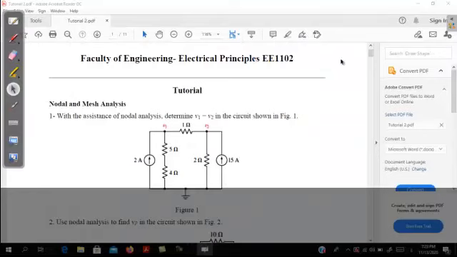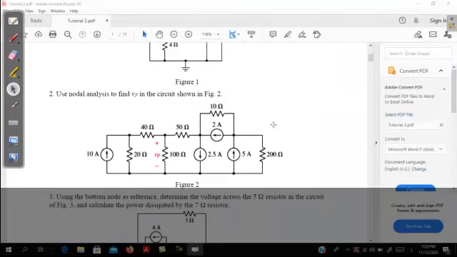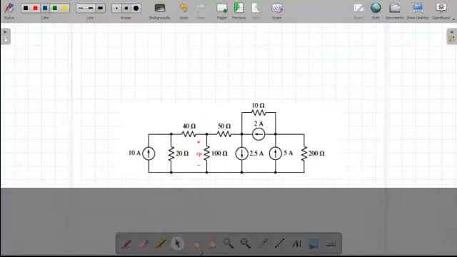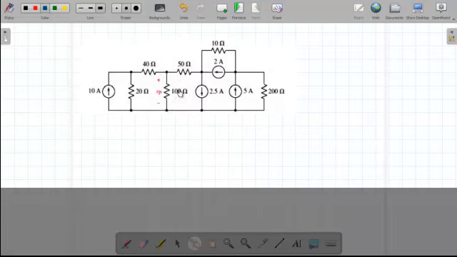The second tutorial problem, we have a 4-node circuit and we need to find the voltage VB. So we will rename our nodes. We call this 1, this 2, and this 3, and this would be node 4.